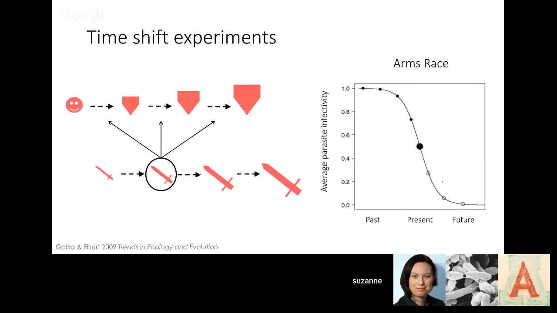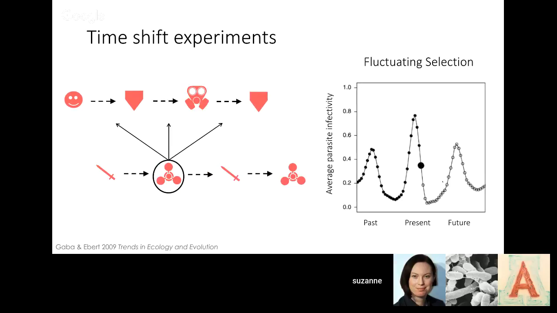Whilst if you infected it against hosts from the future, then it's going to do worse and worse and worse because these defense mechanisms are getting more and more relevant. So this is the kind of pattern that you would see from a time shift where the host and pathogen would be evolving via arms race dynamics.